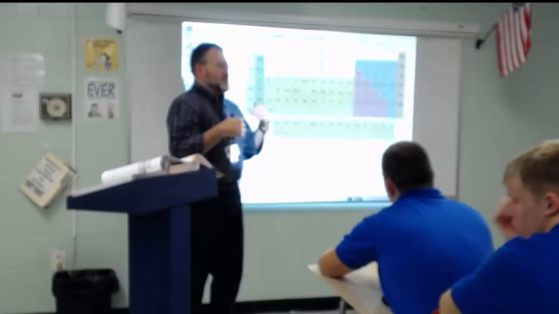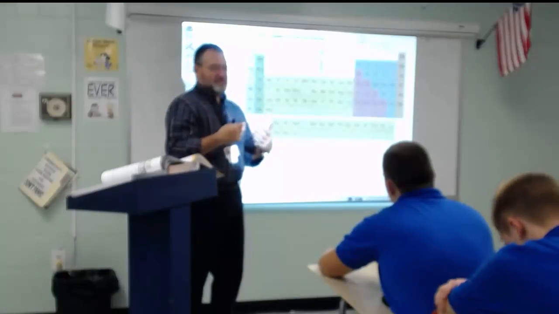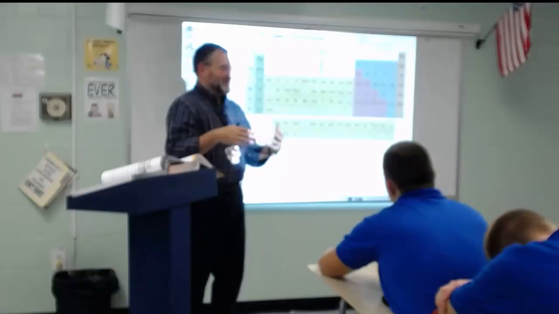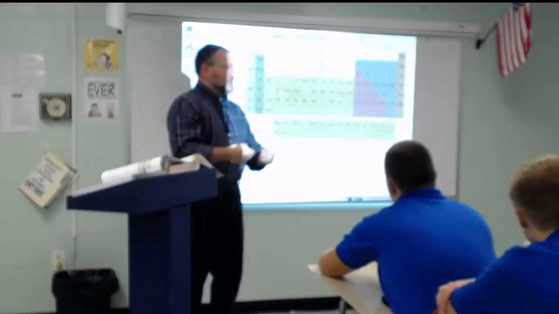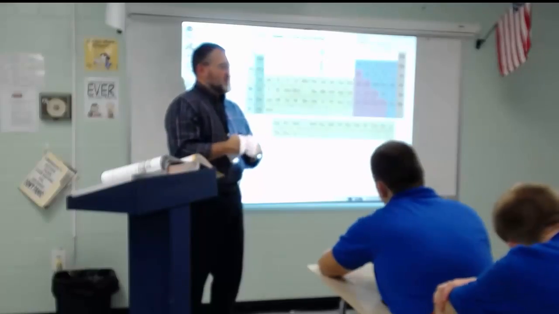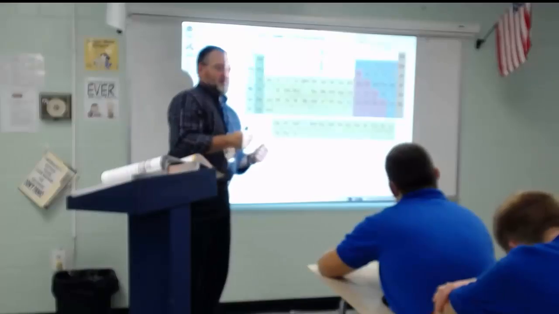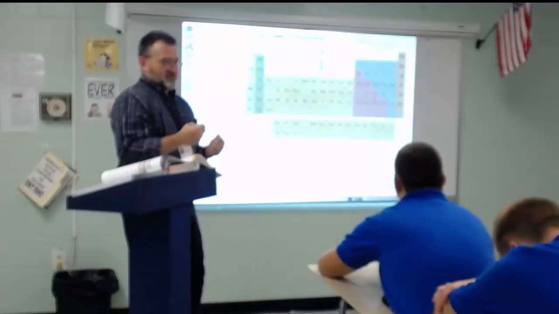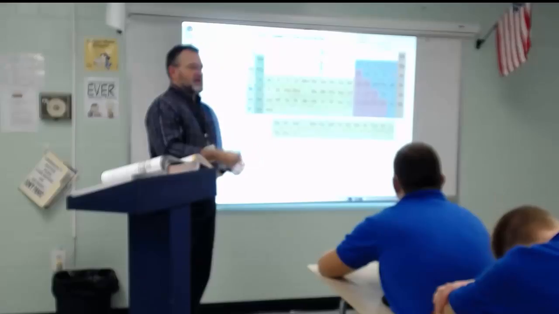What happens in a covalent is the elements decide. They get together and have a vote. No, not really. But they get together and the decision is, rather than to take and receive, to share. And so one electron now has two different homes. It's split between two different places. That electron is sometimes around the nonmetal and sometimes around the metal.